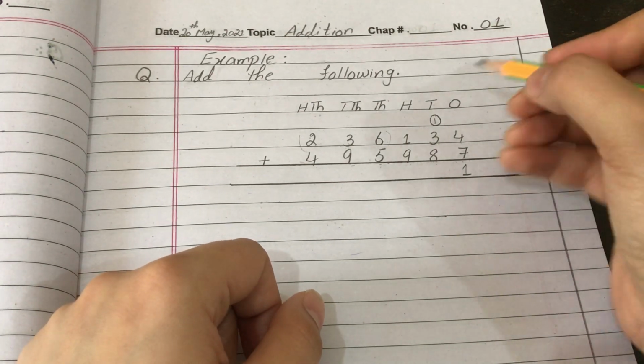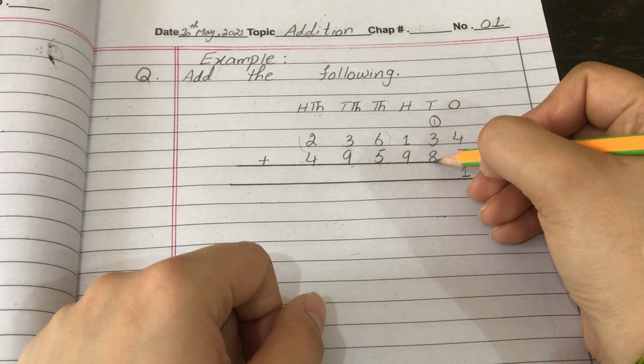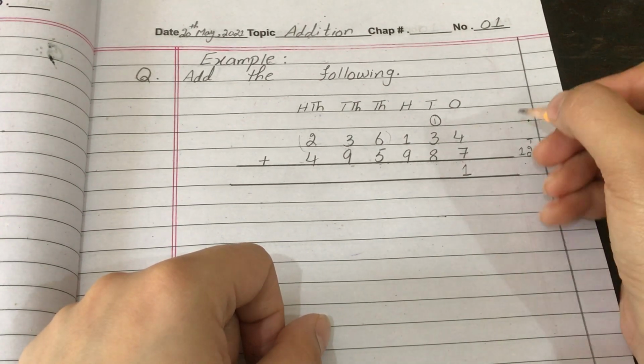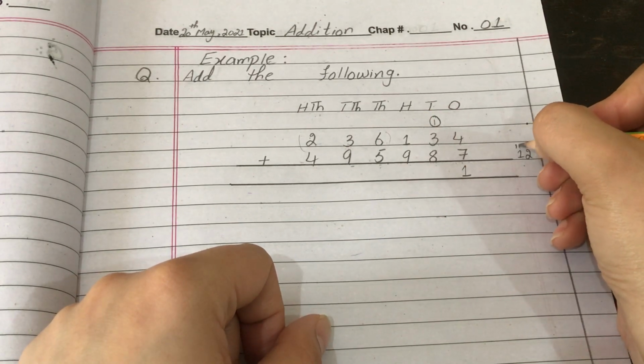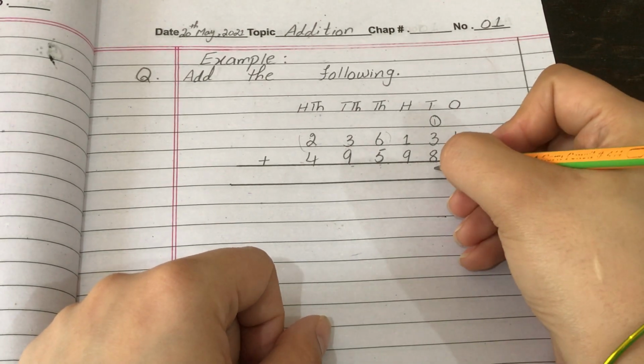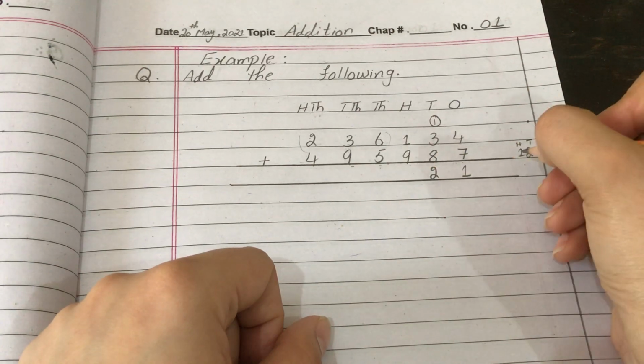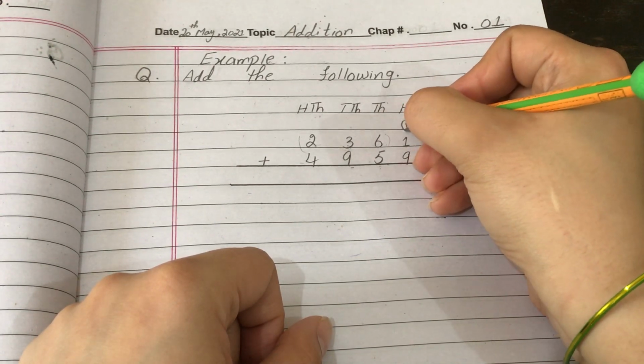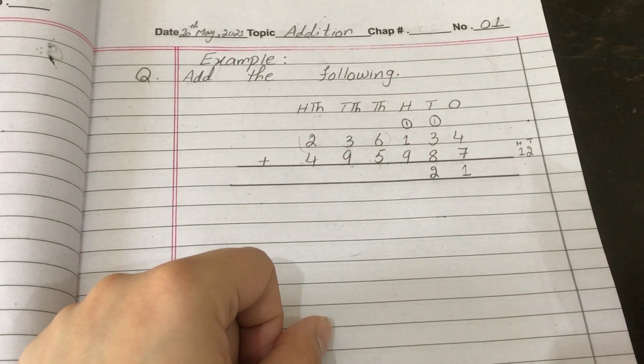And you can mention the places here. Now 12 was in the tens place, so 2 would be in the tens place and 1 would be in the hundreds place. So you will write 2 here in the tens column and this hundreds column digit would be a carry in the hundreds column, right?